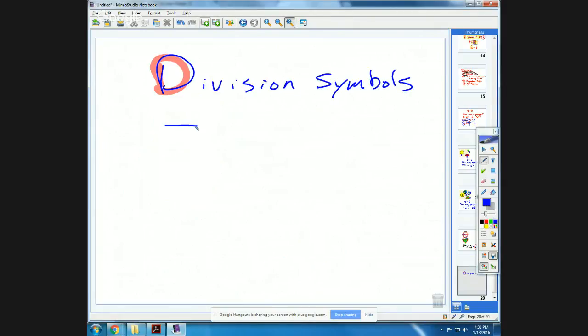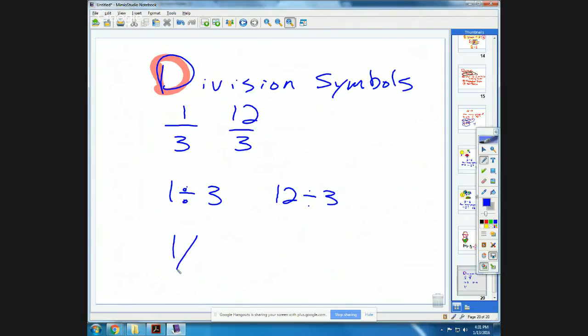We have the fraction bar, things like that. We have this division symbol here for 12 divided by 3, and we have the slash. Notice the order of the numbers, top to bottom, left to right, kind of matches with all of those.